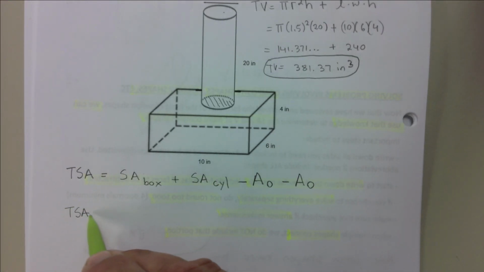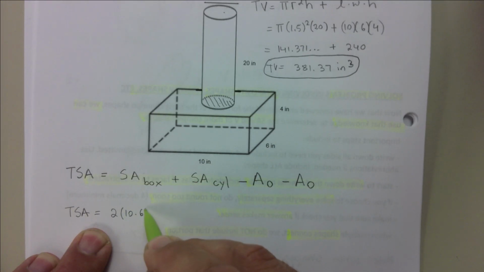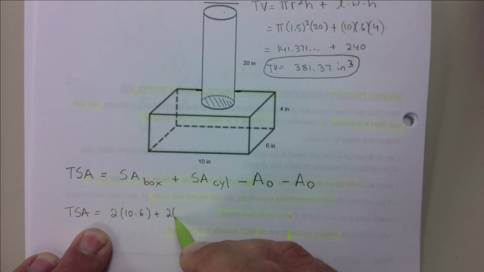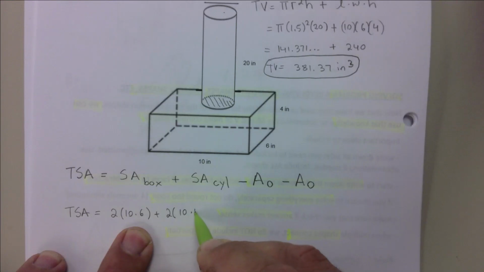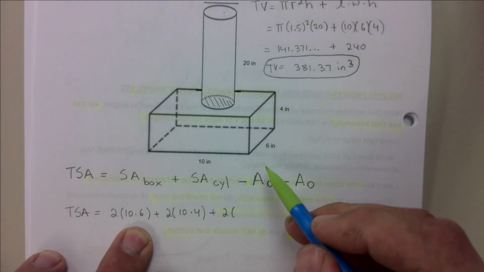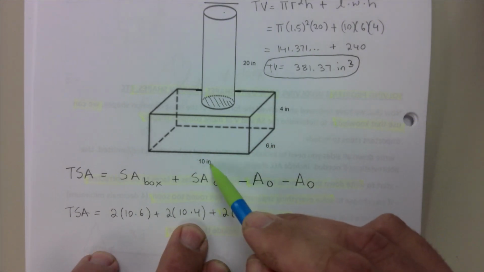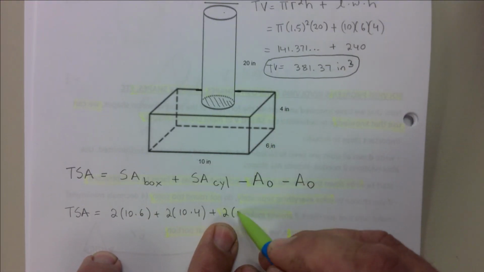Total surface area. Surface area of the box would be 2 times length times width, 2 times length times height, plus 2 times, 10 times 6, that's width and length, 10 and 4, and then it's 6 and 4.